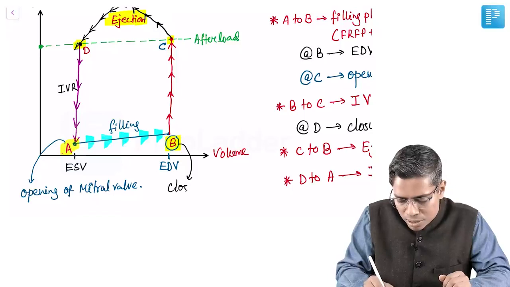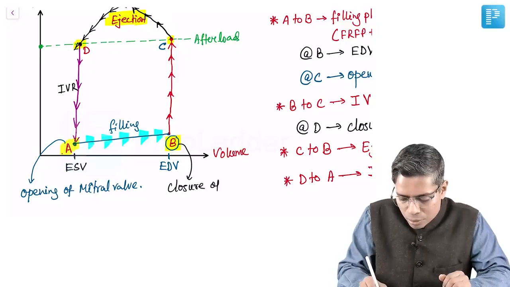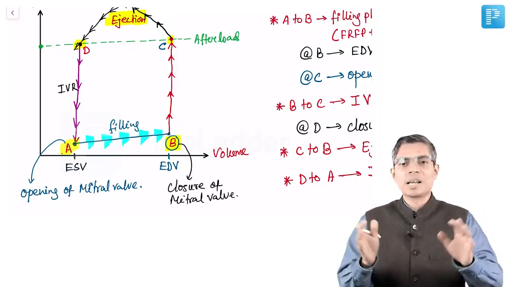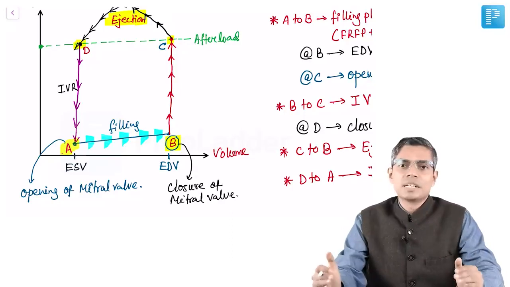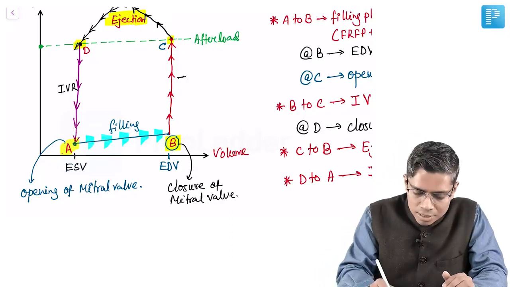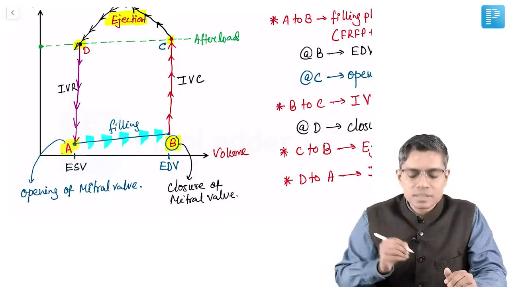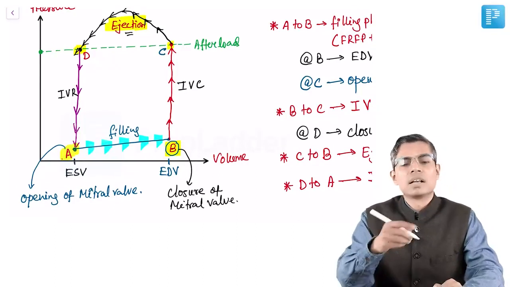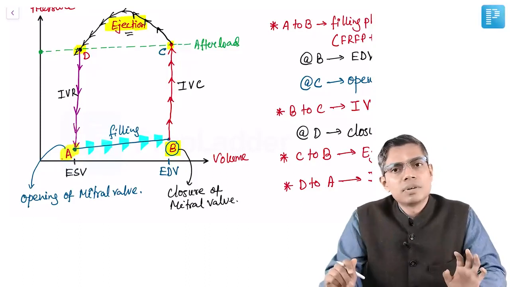There will be closure of these mitral valves or atrioventricular valves. Getting my point? And whenever the mitral or atrioventricular valve is closed, then and only then the isovolumic contraction phase begins, and then this ejection phase will start, and now the loop will continue like this.